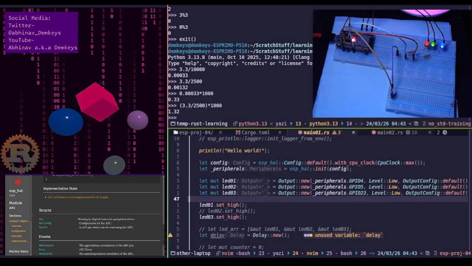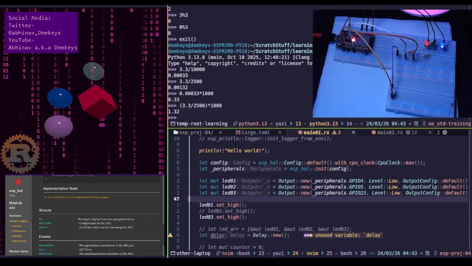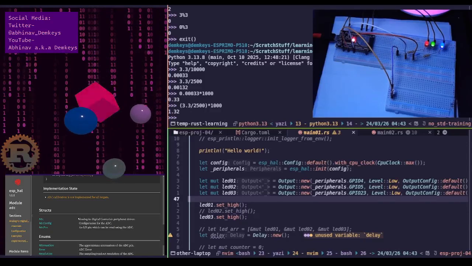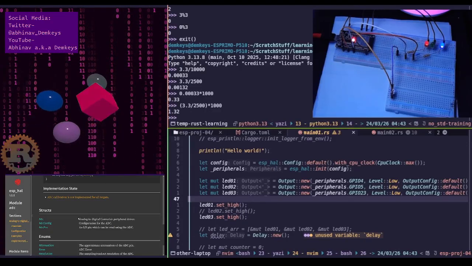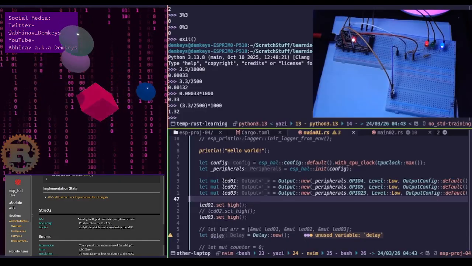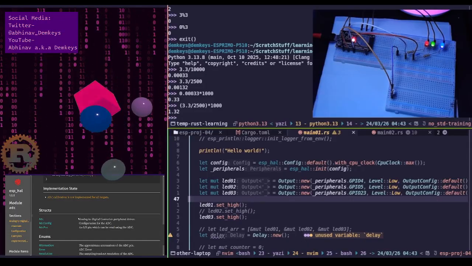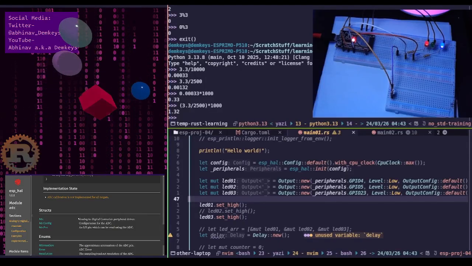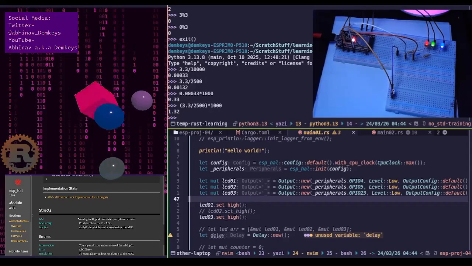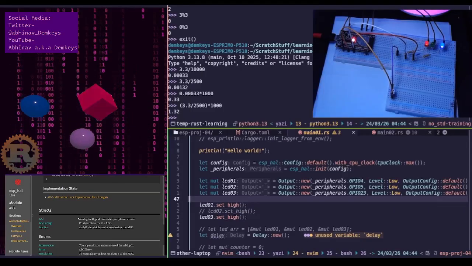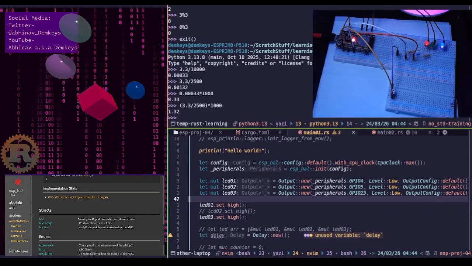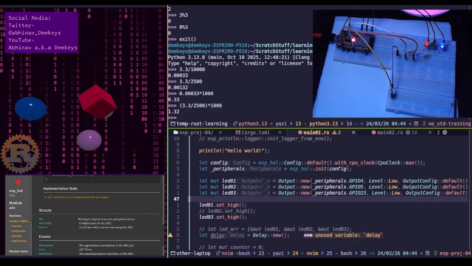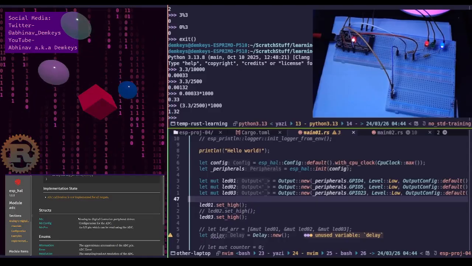Then resistive sensors. Components like photoresistors and thermistors change their resistance based on the environment. You put them in a voltage divider circuit, so the MCU can see, quote unquote, the environmental change as a change in voltage.